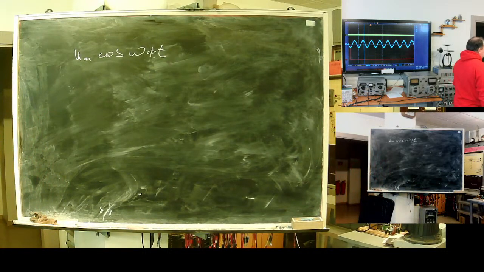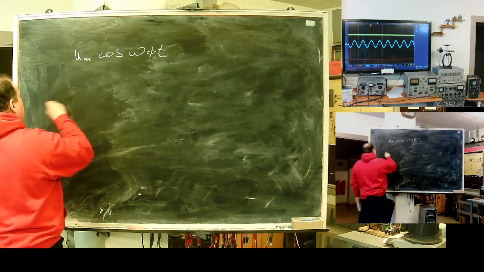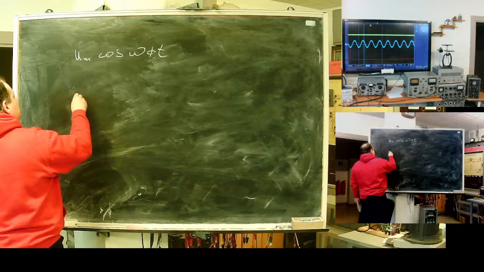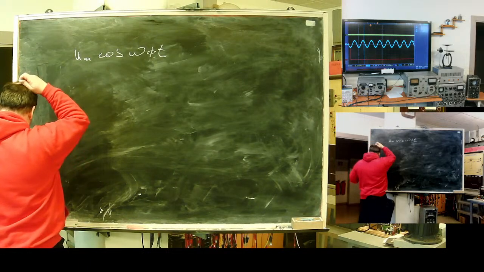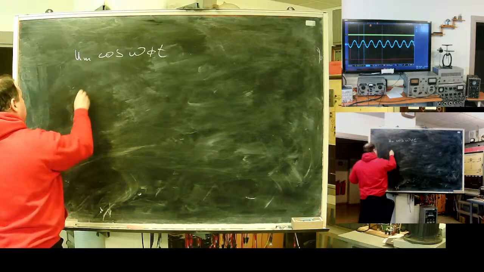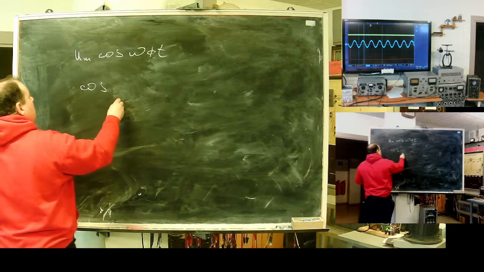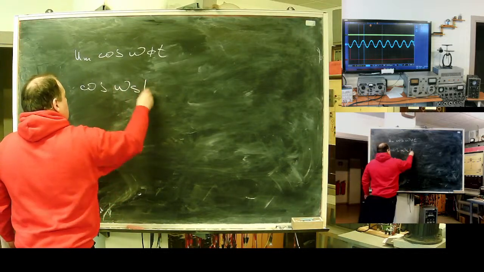I would like this carrier to carry my information, which can be, for example, cosine. I will start with very simple cosine omega s time.